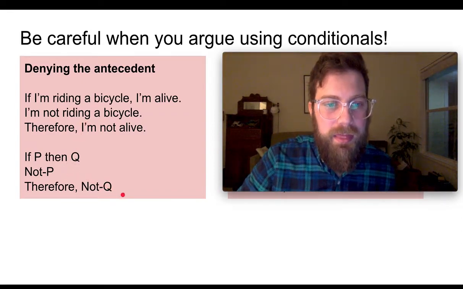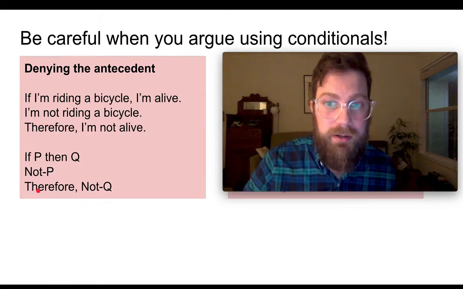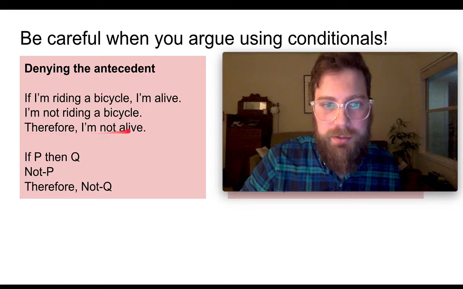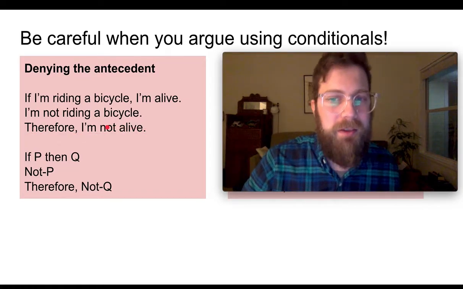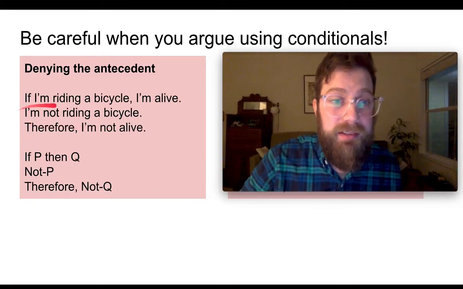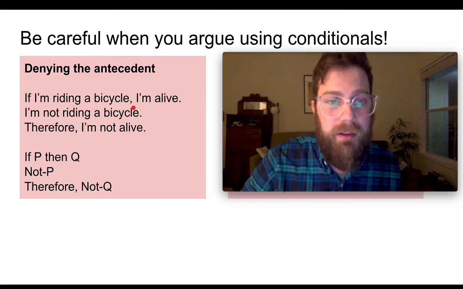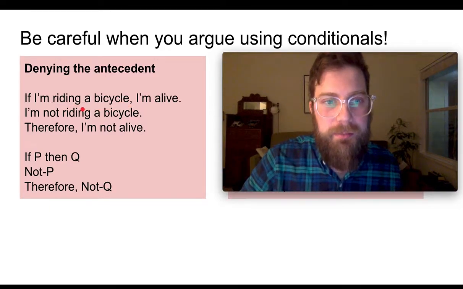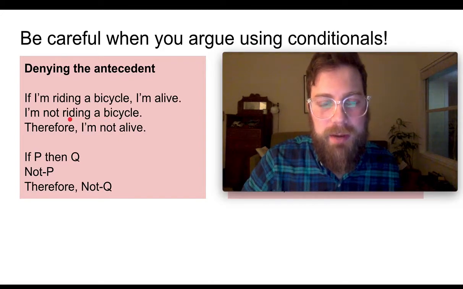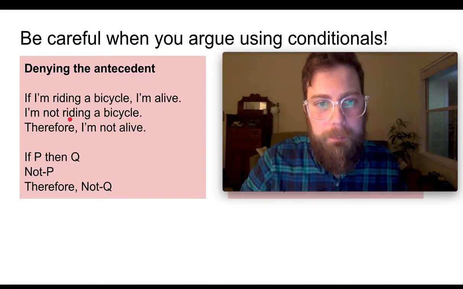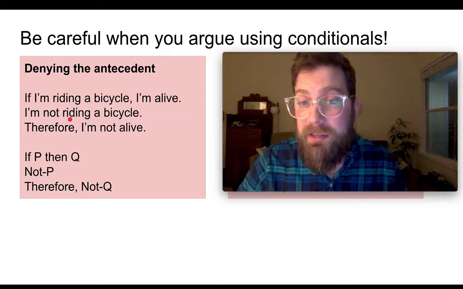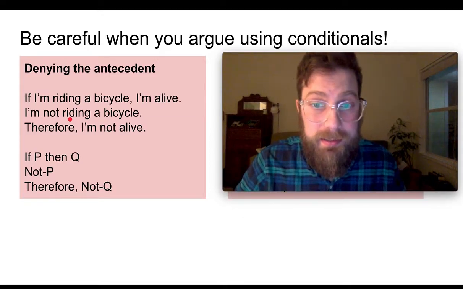So this argument, which we call denying the antecedent, right? Because the conclusion is a denial, the second premise is a denial of the antecedent of the conditional. So they call it denying the antecedent because you're denying the antecedent in your second premise and making a fallacious argument on its basis.